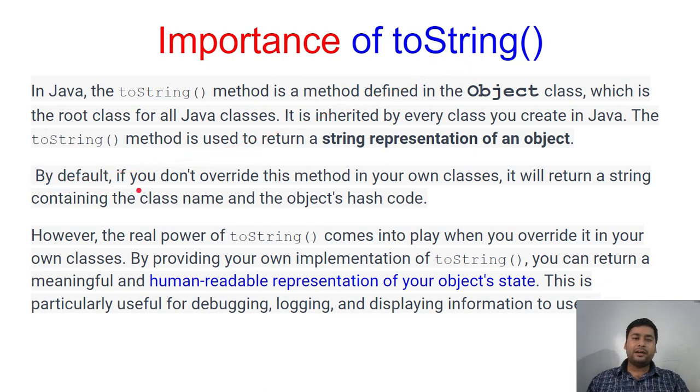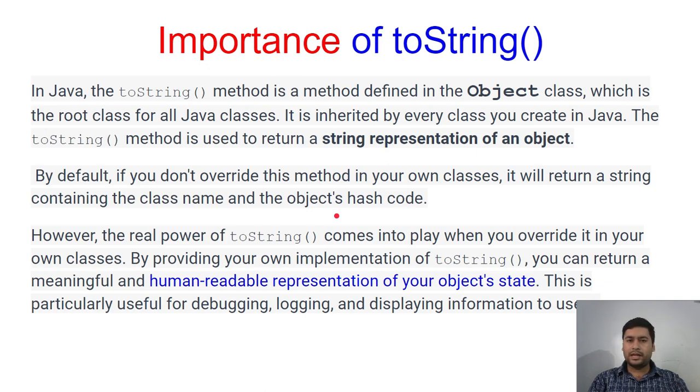By default, if you don't override the method in your own class, for example I am developing a user class or an entity class like Customer, and I have not provided the toString method, then what will happen? I'm not able to see my data correctly in the log or while debugging, and you can face problems. By default, it returns a string containing the class name and the object's hash code.